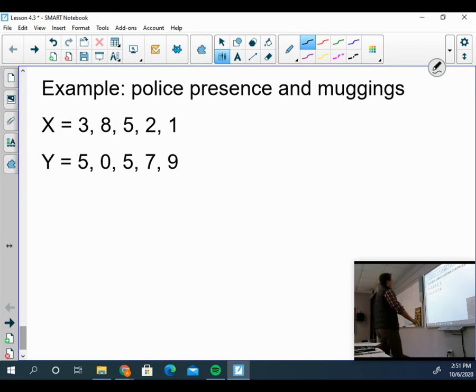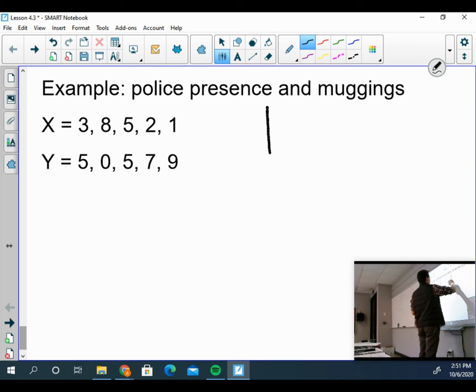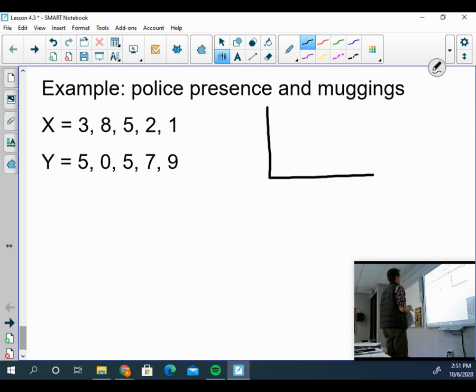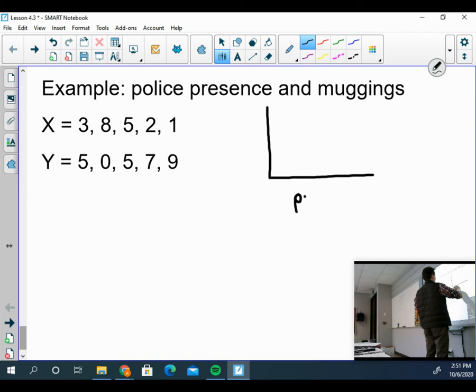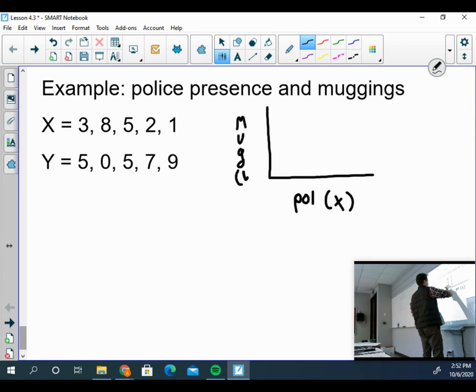I make a scatter plot of my data: how many officers are present versus how many muggings occurred. So we'll put police presence on the x-axis, muggings on the y, and I'm going to go up by 2s.